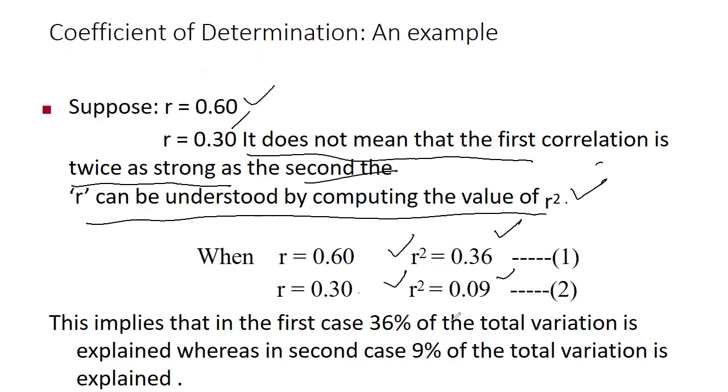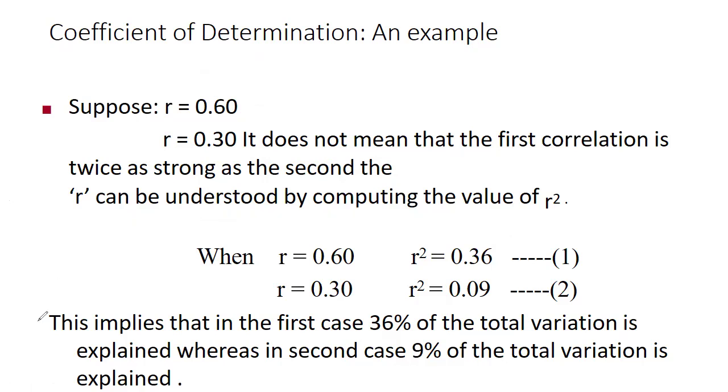So it is not twice. This implies that in the first case 36% of the total variation is explained, whereas in the second only 9% of the total variance is explained. So the R value will not tell us about twice or thrice. If R equal to 0.9 and R equal to 0.3, no. R square will tell us.